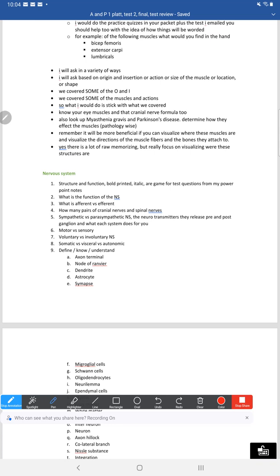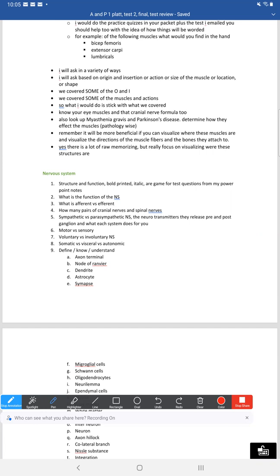Later I'll review that cross section of the cord with you, and then we'll come back and visit some of that motor stuff and sensory stuff.